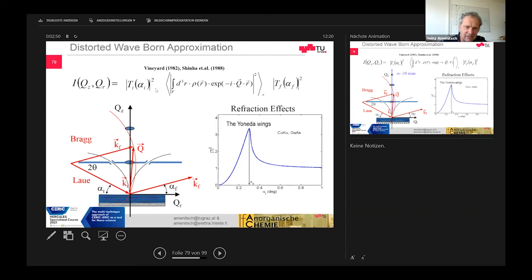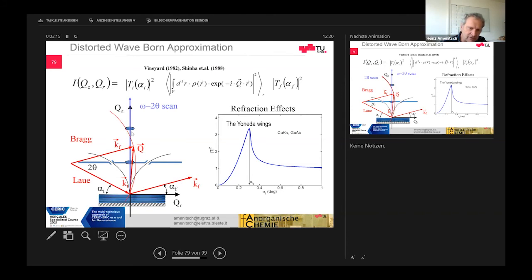This is exactly the effect of these transmission coefficients. And then, depending on what kind of experiment you're doing, an omega-2theta scan, so measuring along this vertical plane here in reciprocal space, you change the incident angle, you change the exit angle, and you just measure at these theta-to-theta conditions.